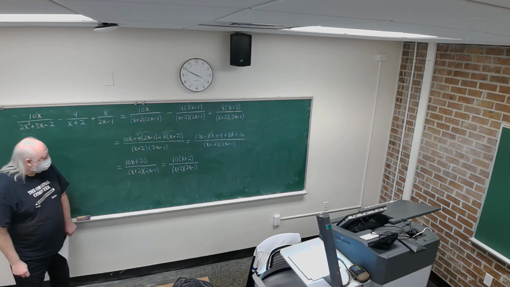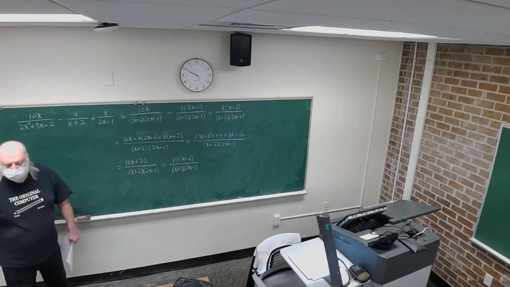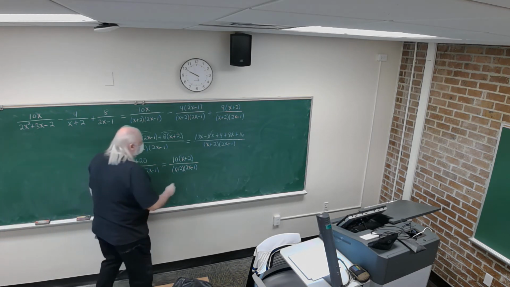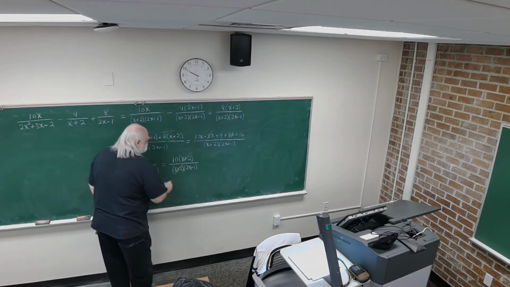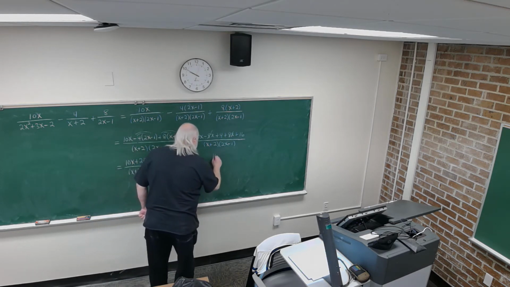You can factor out a 10, and you're left with 10 times x plus 2. Now you can see x plus 2 is a common factor in the numerator and denominator. They cancel, and we're left with 10 over 2x minus 1.